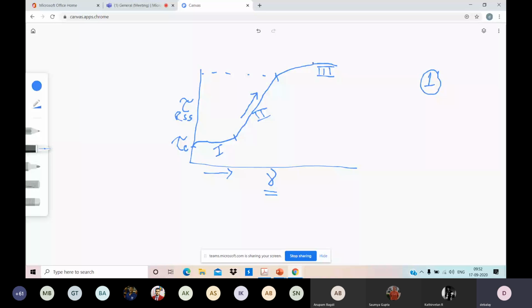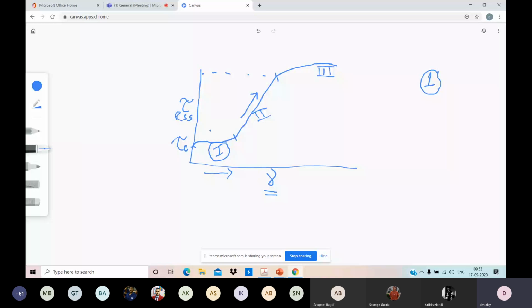So it comprises 3 stages. First stage, what is the first stage called? When the dislocation movement is easy, it's called easy glide. Please write down easy glide.